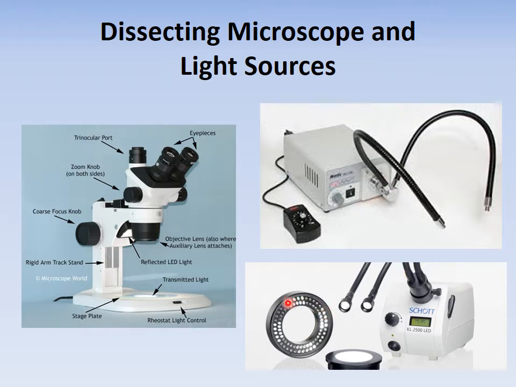Or you can have a light ring that goes around this portion of the objective lens of your microscope and shines on the samples. There are lots of different types of microscopes, but this is just a common, generic kind.